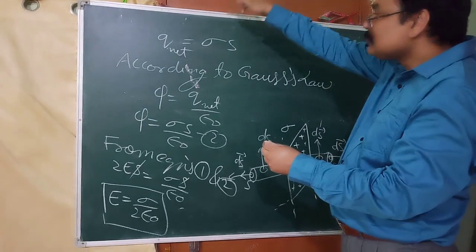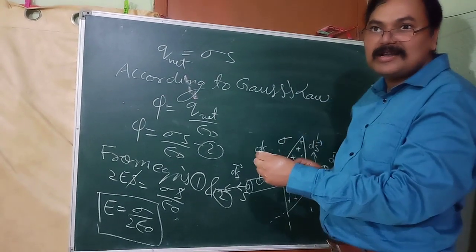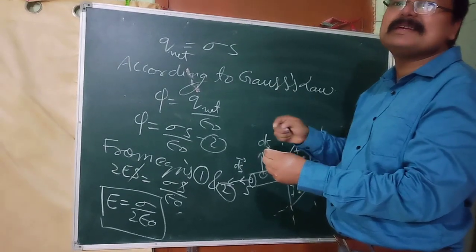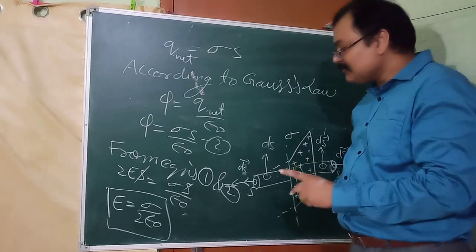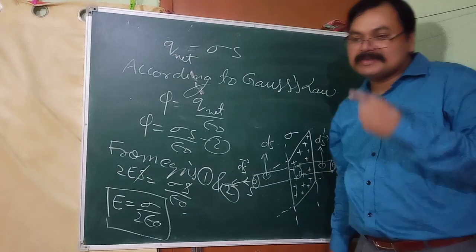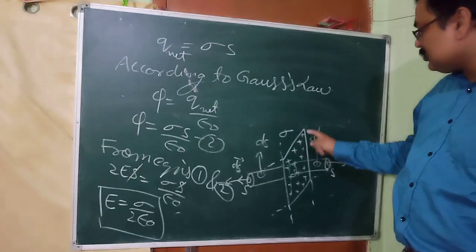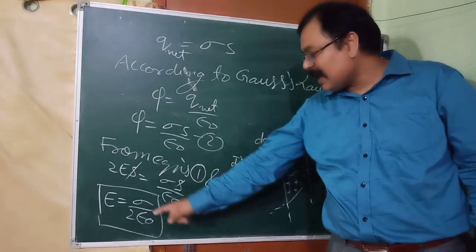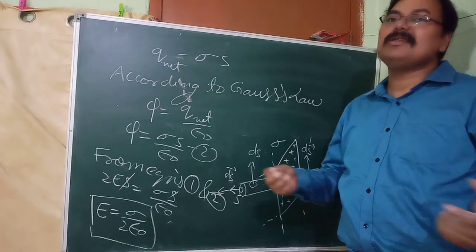But the charges which are far away now start contributing, due to which the electric field increases. So this decrease is compensated by this increase, and therefore there is no change in the electric field. That's why we say there is no change in the electric field intensity due to this infinitely charged sheet with distance. So that's why R is not appearing. The electric field doesn't increase or decrease with distance.